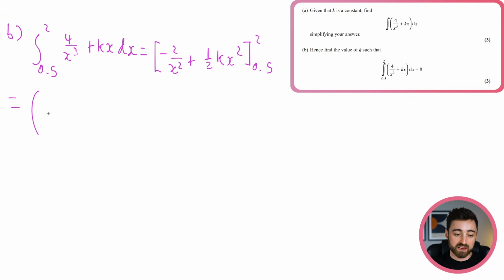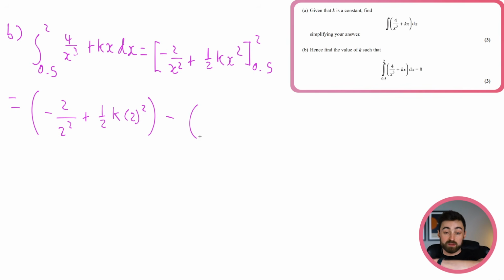So the first bit is going to be minus 2 over 2 squared plus a half k times 2 squared. And then minus a big old bracket with me subbing 0.5 in for x. So minus 2 over 0.5 squared plus a half k times 0.5 squared.